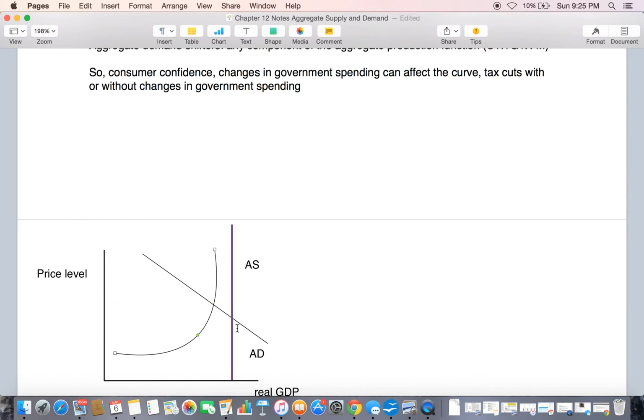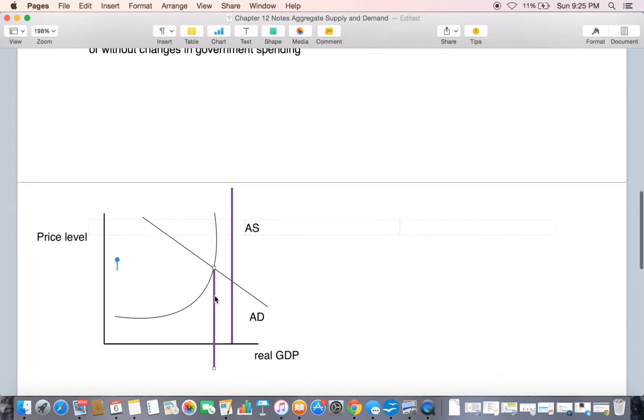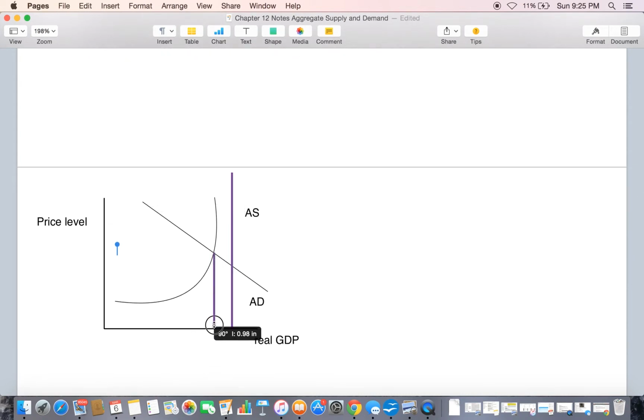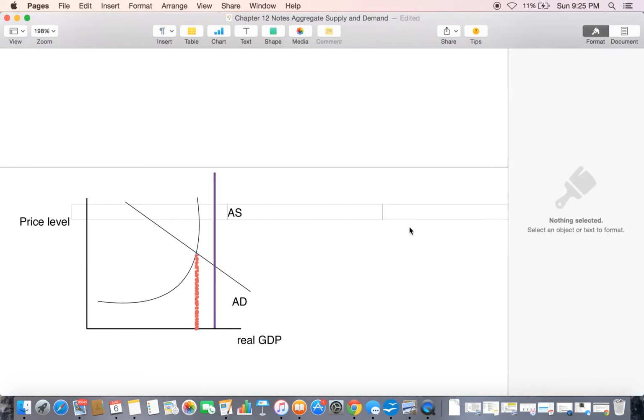When our aggregate supply curve shifts inward and to the left, the amount of real GDP that would be produced in equilibrium, if we're assuming that aggregate demand is not going to change here, would be much lower than it previously was, as represented by this new red line.